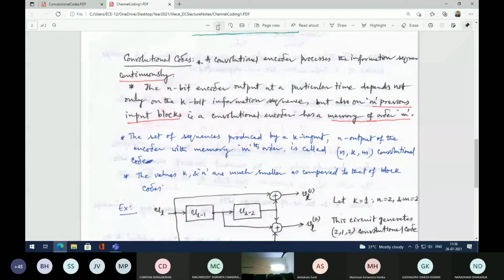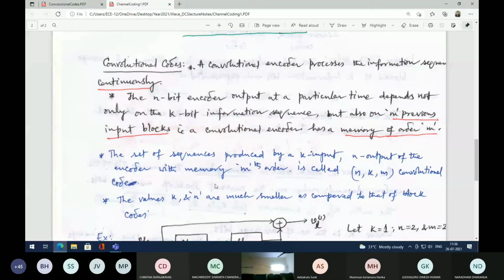Now we are talking about the convolution codes. I already told you in the beginning of the class, when we started the channel coding techniques, a convolution encoder has got some memory.